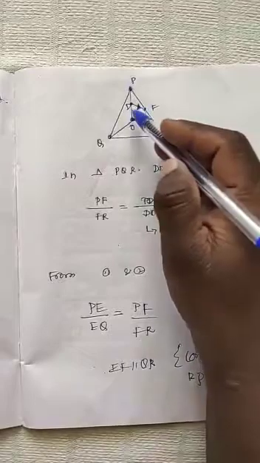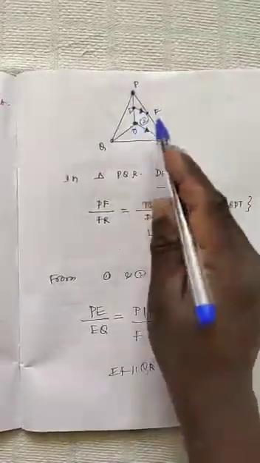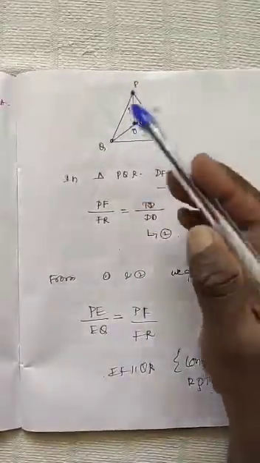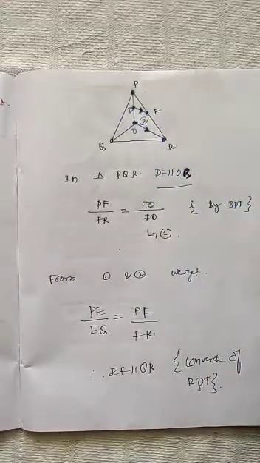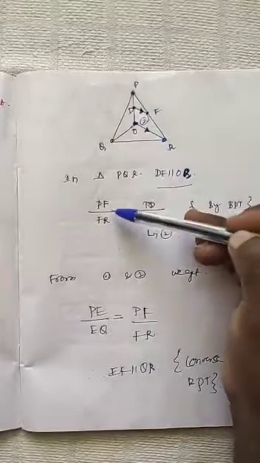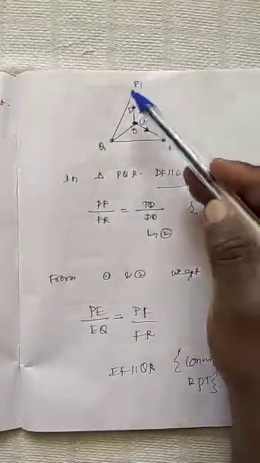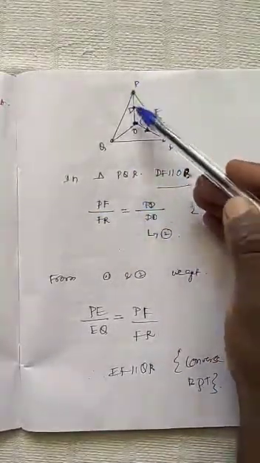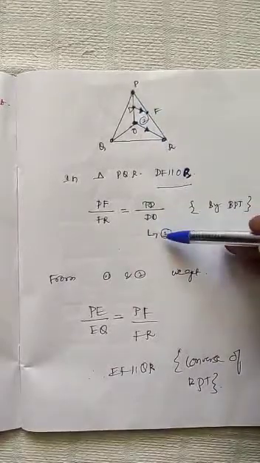In that second triangle, DF is parallel to OR. So by applying the basic proportionality theorem, we get PF by FR, this is the LHS, is equal to PD by DO. Call it equation number 2.